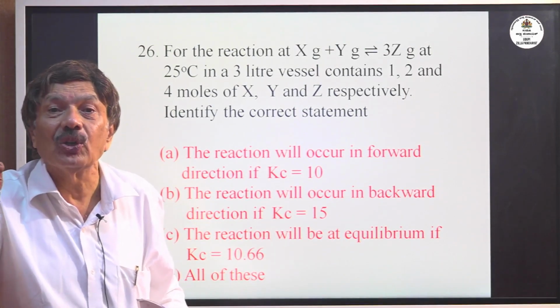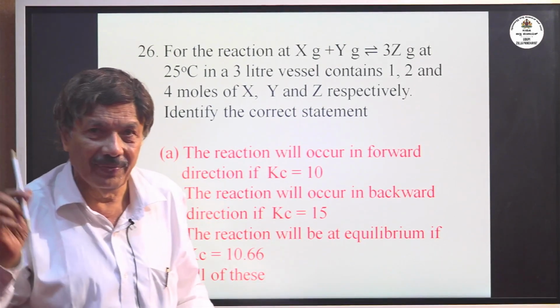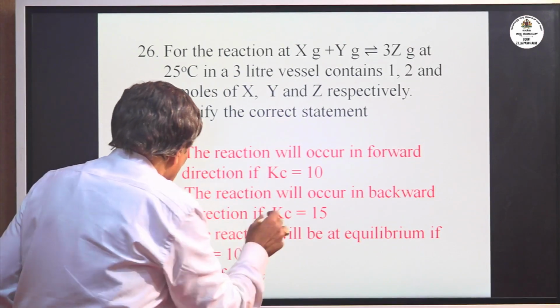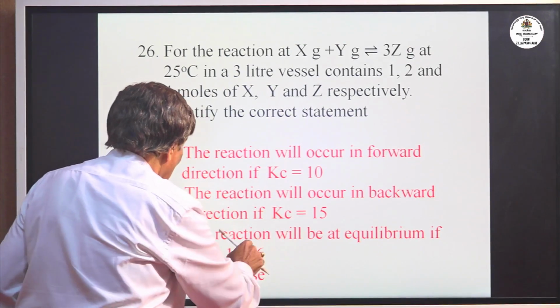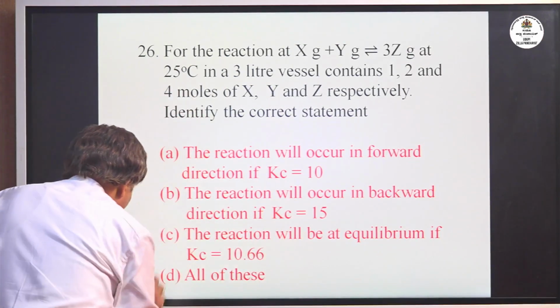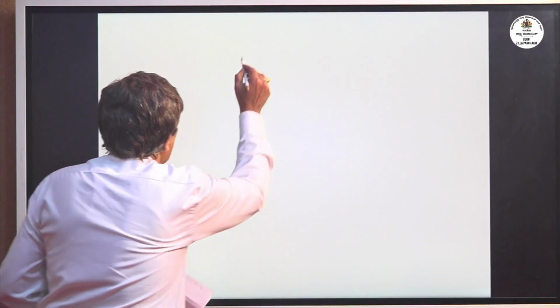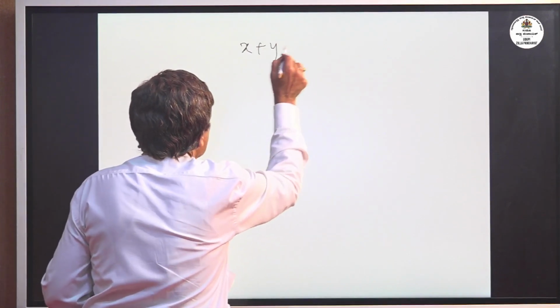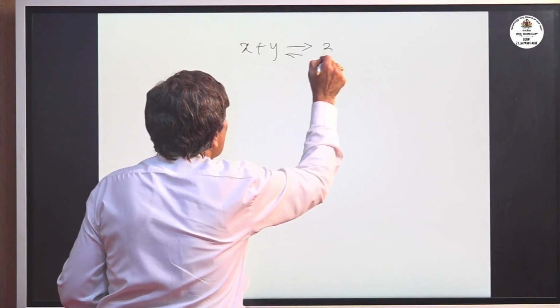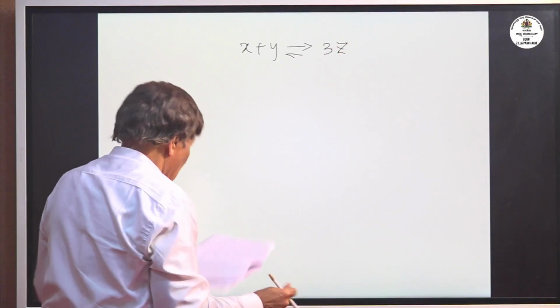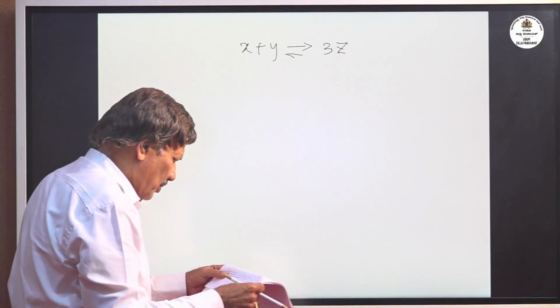KC you can find out only when the reaction attains equilibrium. Right now, we will find out QC. The reaction is X plus Y giving 3Z. This is the reaction.